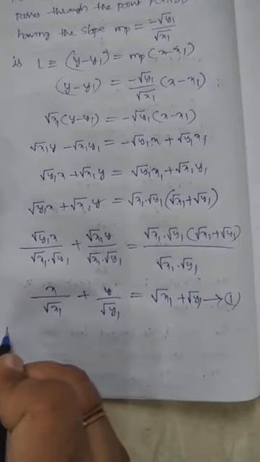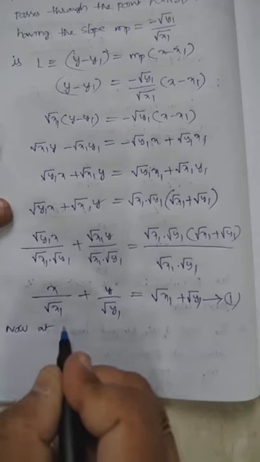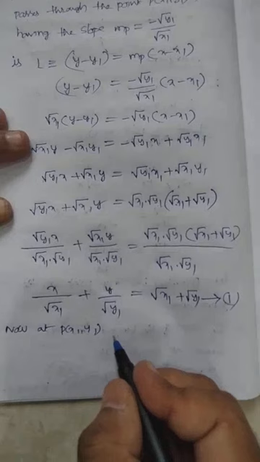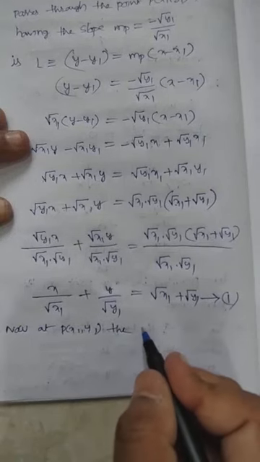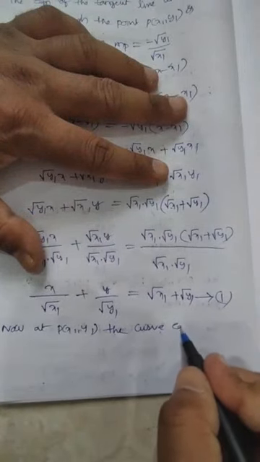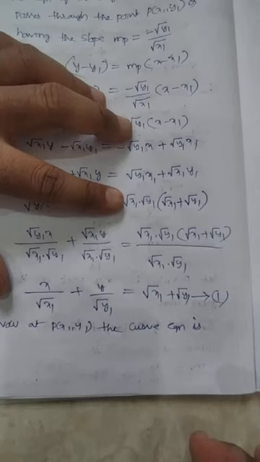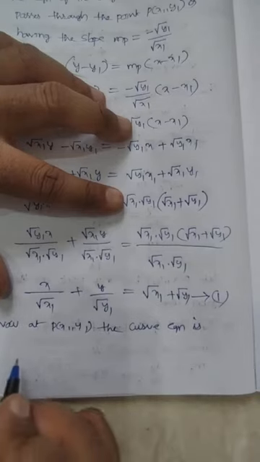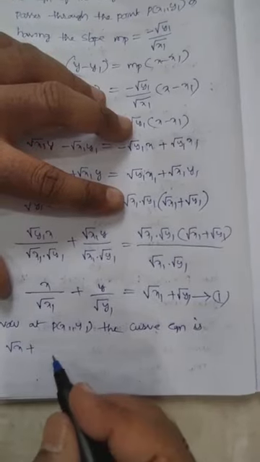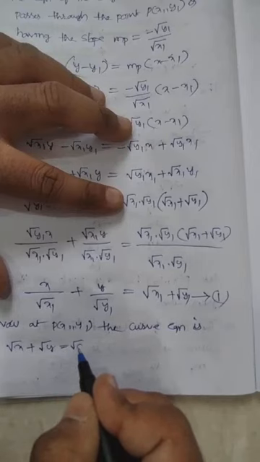Now at P of x1 comma y1, the curve equation is, what is our curve equation, root x plus root y is equal to root a.